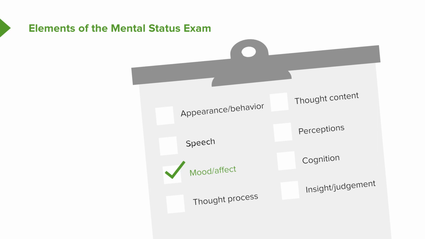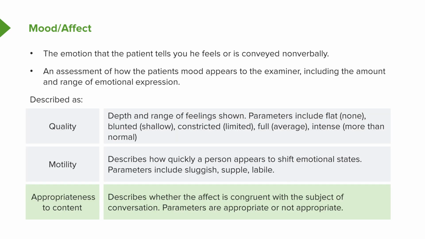Let's now go to mood and affect. So a patient's mood is actually the emotion that they tell you they're experiencing. So what they are experiencing is the mood. They can convey this to you either verbally or non-verbally as well.